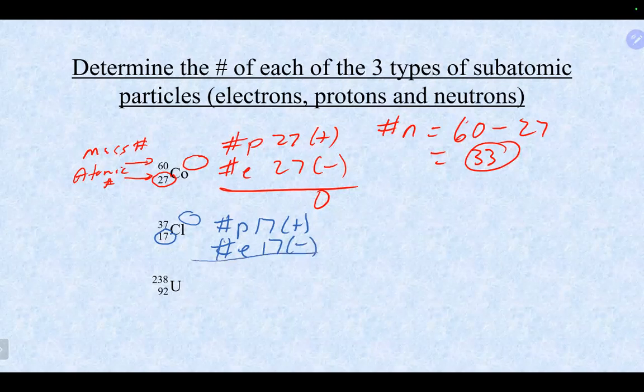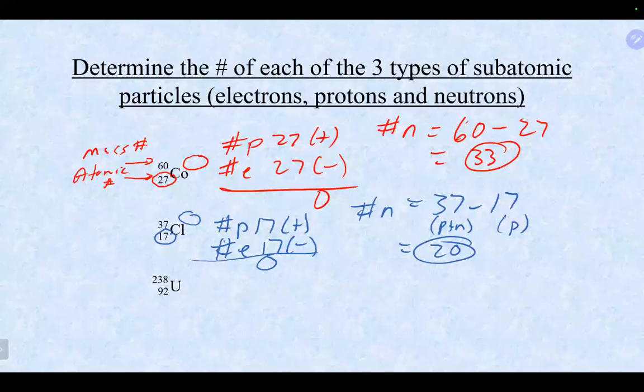Once again, that's going to zero us out to no charge overall. Our number of neutrons here will be our mass number, which is the top left number, in this case 37, minus our atomic number, which is the bottom left number. So once again, that is our protons plus neutrons minus our protons. And that gets us 20, it looks like, in that particular case. Any questions on that there?